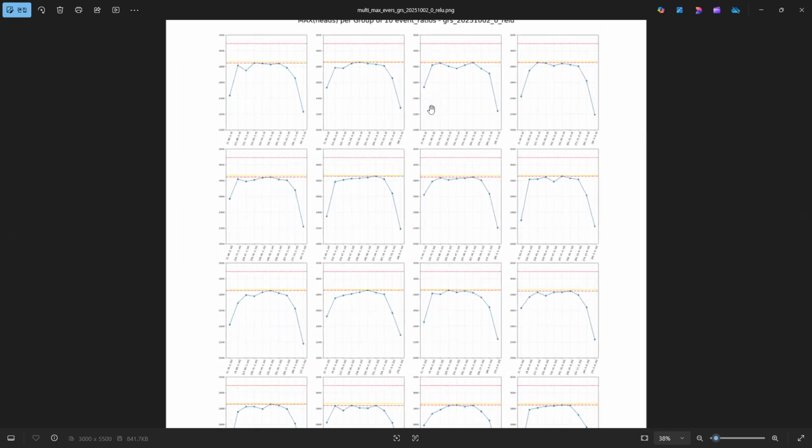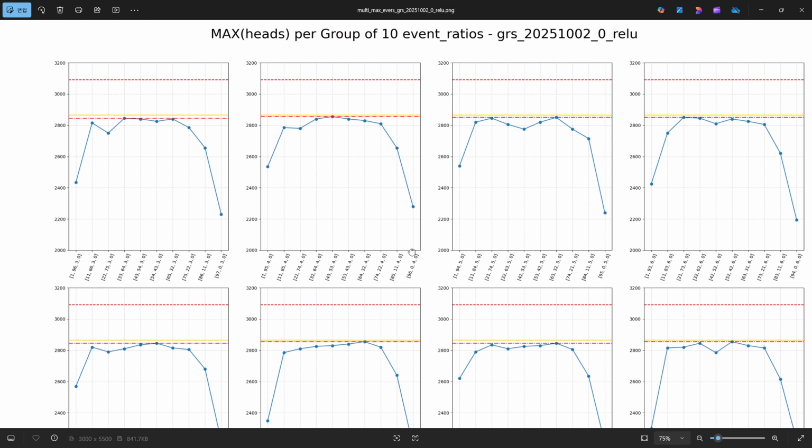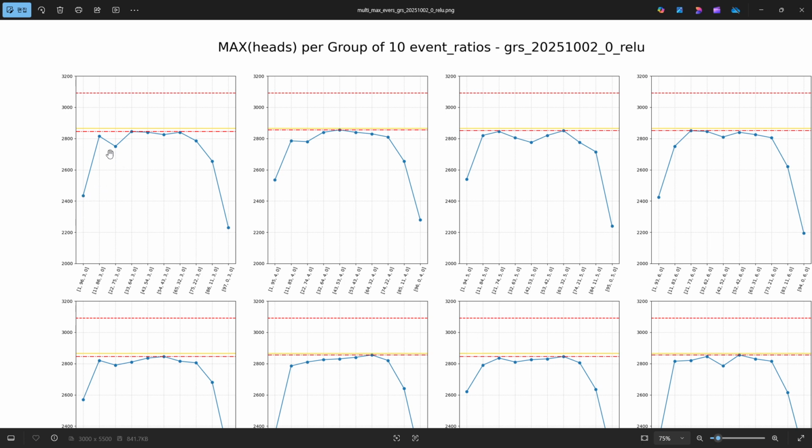Now, if you look closely, here you have the entity event ratios, and each data point here represents the maximum that ever existed during this iteration, during that 30 to 70 seconds. I say 30 to 70 seconds because the time isn't always 40 seconds. But anyway, I'll talk about that later.